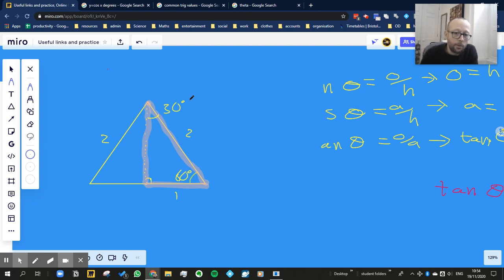Okay, so that's quite useful because, well, we know we're looking for 30 and 60, right? So let's see if we can work out the values for cos 30 and 60. So let's have a look. The first thing we're going to do is use Pythagoras. We're not going to prove the Pythagoras equation here. We're just going to use it.